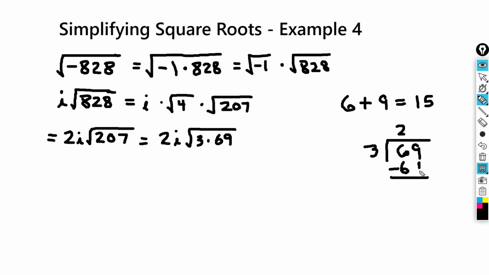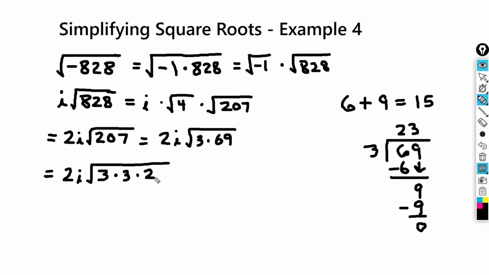So 6 minus 6 is 0. Bring down the 9. 3 goes into 9 3 times. 3 times 3 is 9. So 9 minus 9 is 0. So I can break this apart into 2i times 3 times 3 times 23.